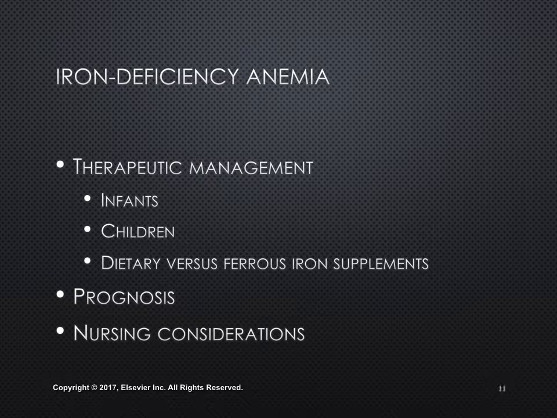As far as prognosis is concerned, usually if they follow the plan, as far as changing diet or adding the supplements, usually there's no sequelae to them having had this period of anemia.